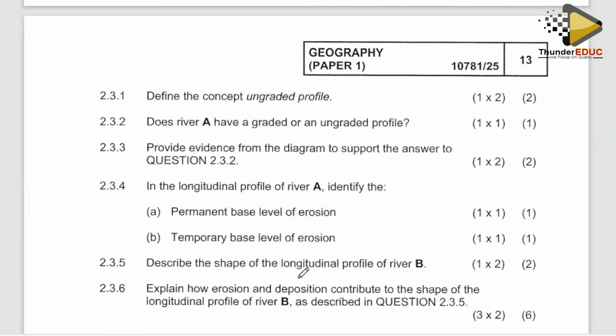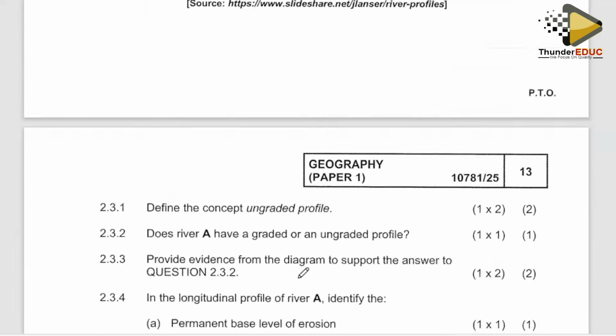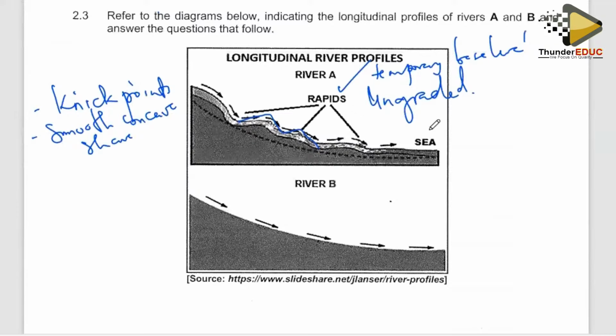Right, number 234, it says, in the longitudinal profile of river A, identify the permanent base level of erosion. Permanent here is our sea level. The level of the sea here is the permanent.